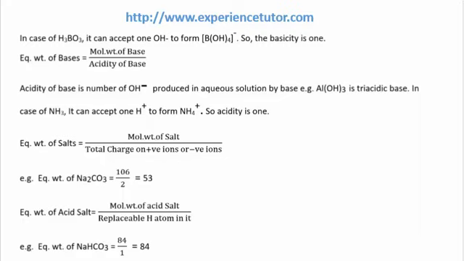Acidity of a base is the number of hydroxyl ions produced in aqueous solution by the base. Example: Al(OH)3 is a triacidic base.